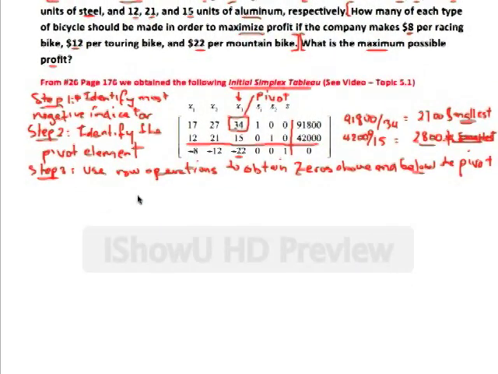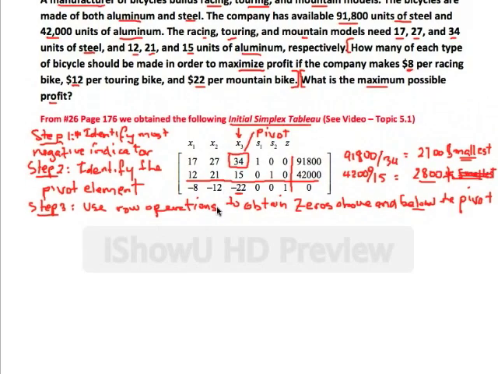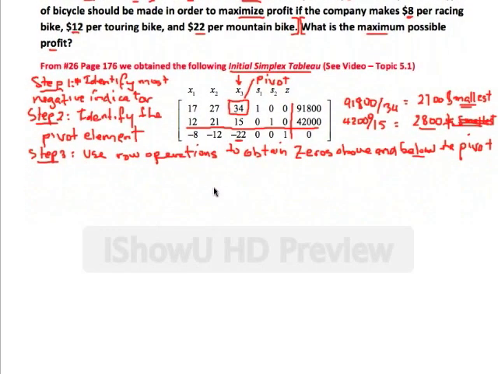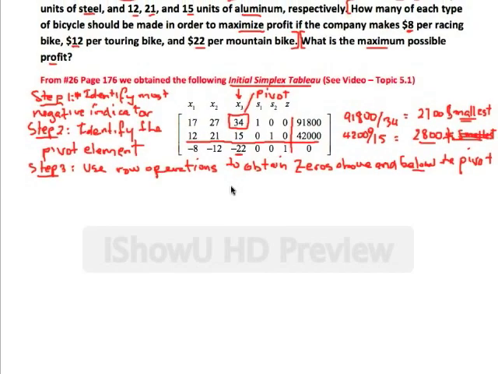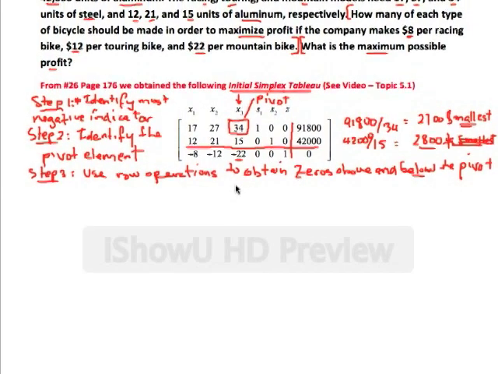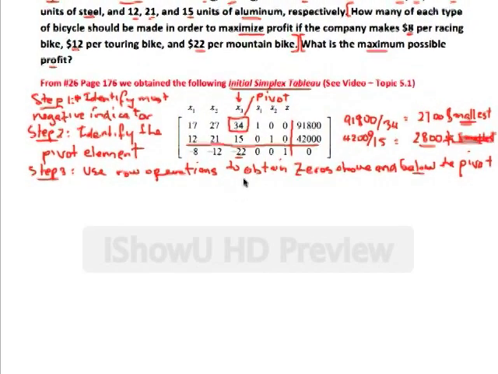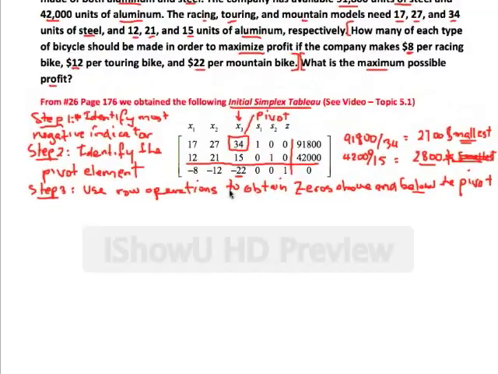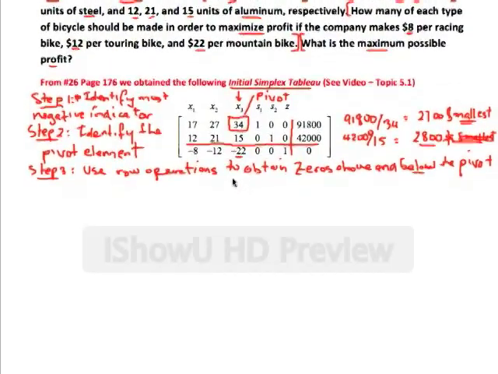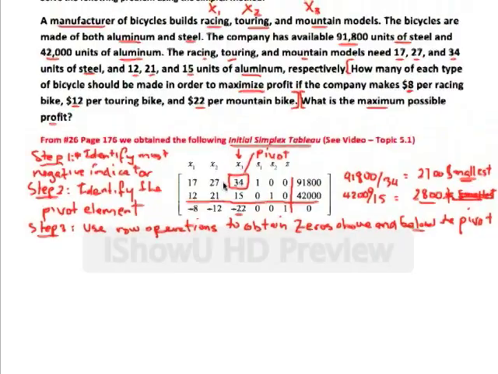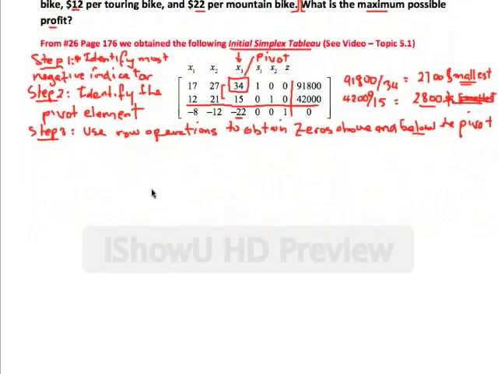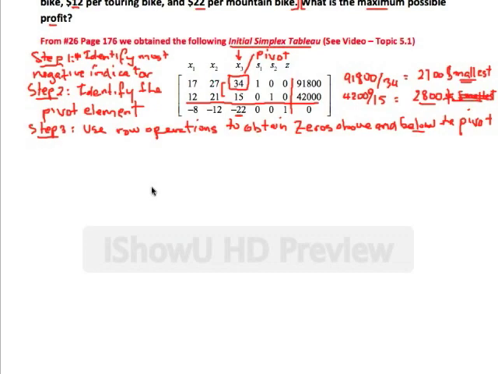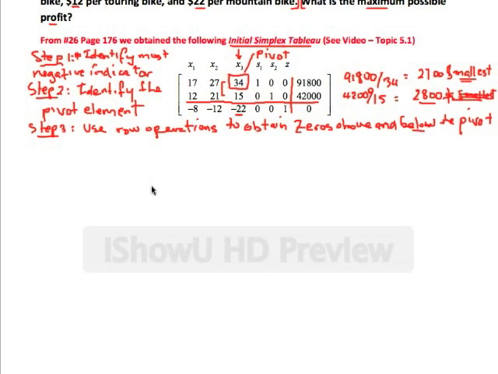So what are the row operations we're going to need to use? This is where the numbers can become difficult with the Simplex method, because we're dealing with real situations, and real situations sometimes have difficult numbers, in fact more often than not. So the easiest way to do this is to look at a common multiple of those two, and of course 34 times 15 would be a common multiple.